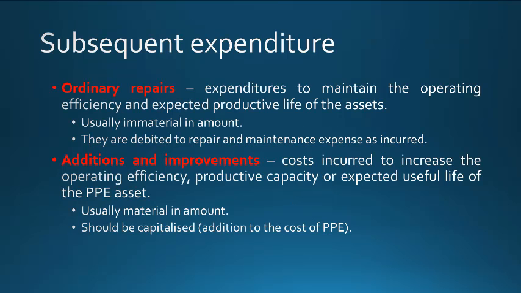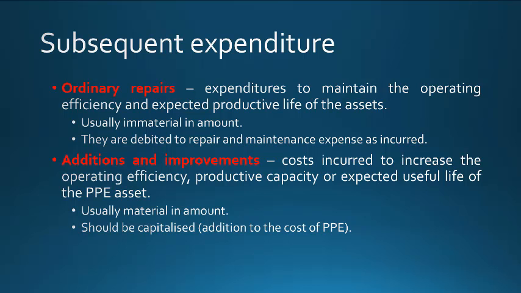Now, for subsequent expenditures, we have two major classifications of expenditure. The first one is ordinary repairs, which are incurred just to maintain the property's operation. They are immaterial, so we don't usually charge them to the asset, but rather we recognize an expense.